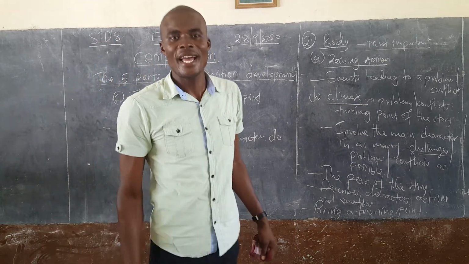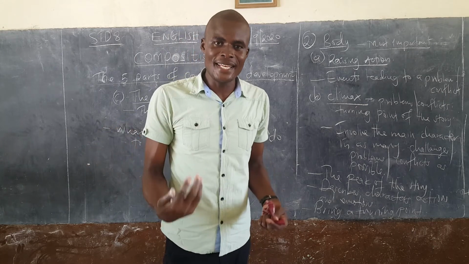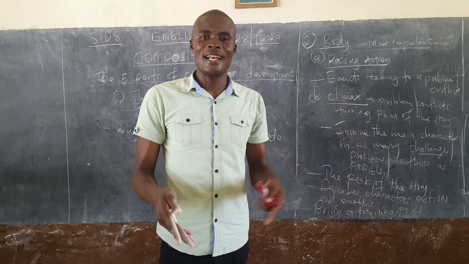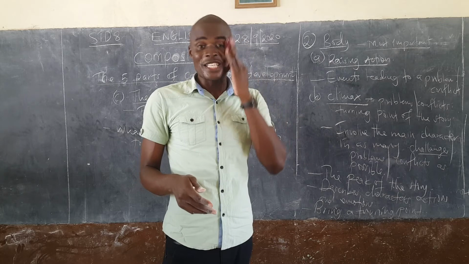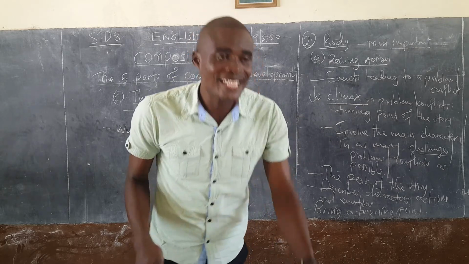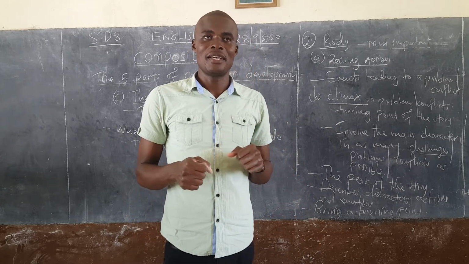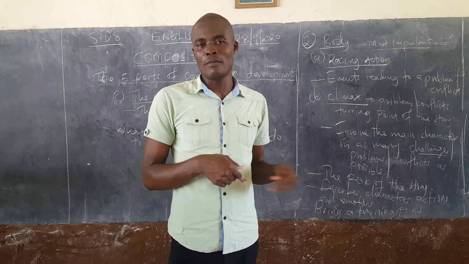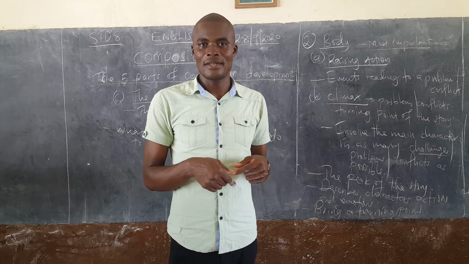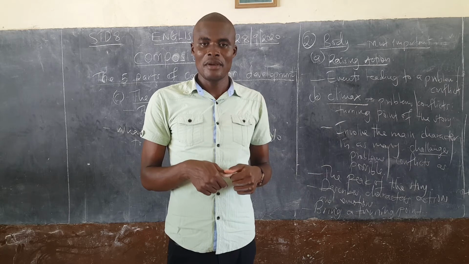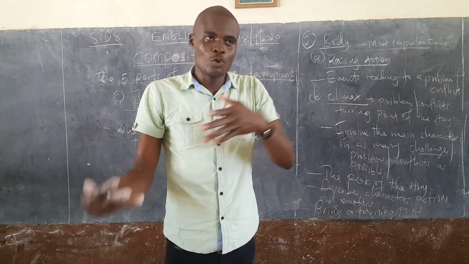We are trying to answer those questions. In Kiswahili we say, yeye mwenyewe amejaribu kufanya nini kusuluhisha yale matatizo ambayo ako nayo. What has he done himself to solve those problems, those challenges, those conflicts, before involving another person to help him?